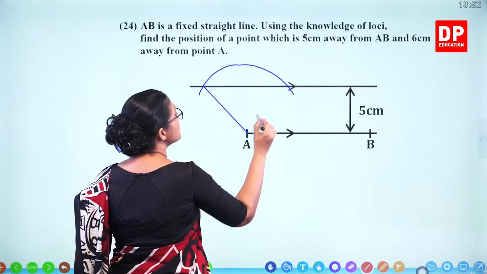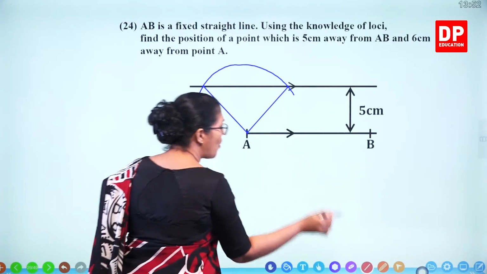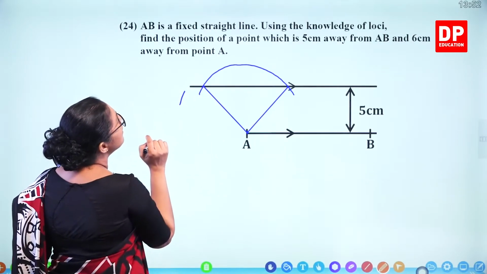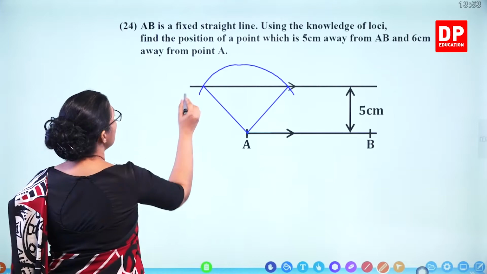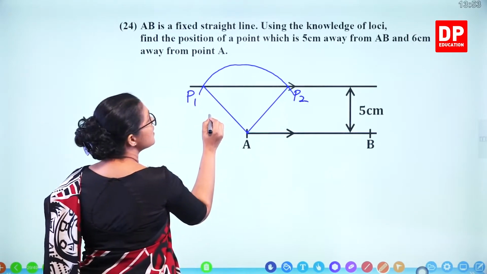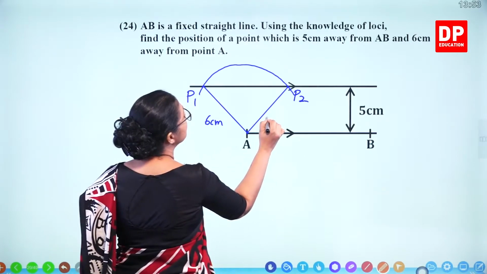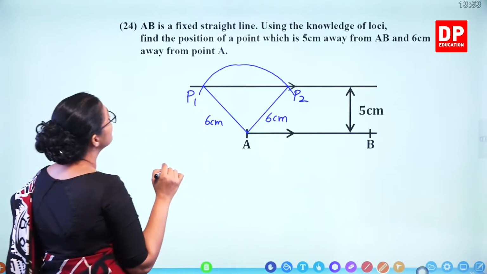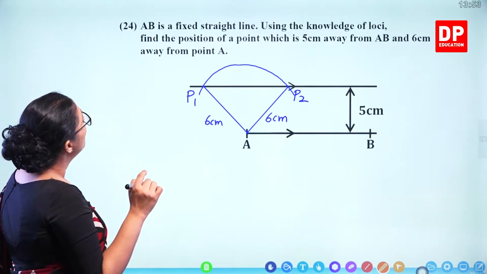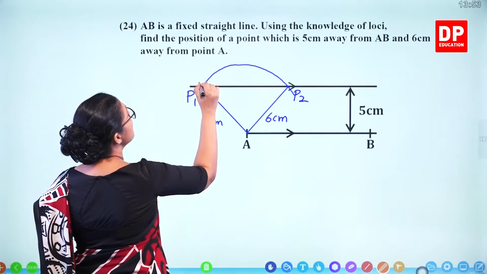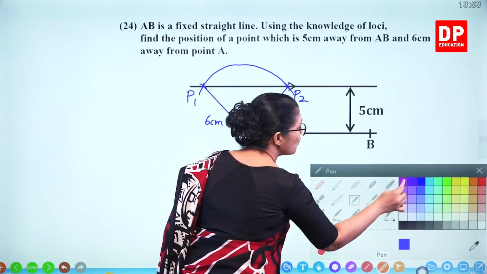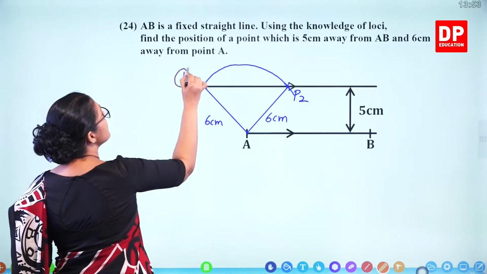So this is also 6, this is also 6. You get 2 points. We'll write P1 and P2. 2 possibilities are there with 6 centimeter length. So you are asked the position of the point. This is P1 and P2. 2 possibilities are there. So you get 2 marks for marking this.